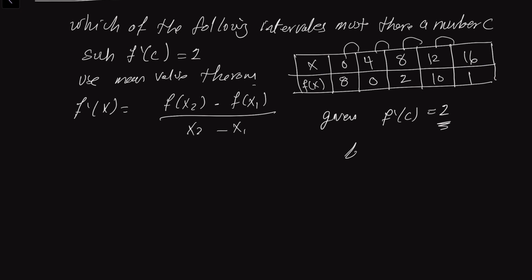So let x2 equal 12. So we're going to pick the 12, and x1 equal 8. So next to 12, what's f of x2? It's 10. And f of x1 is 2, right?